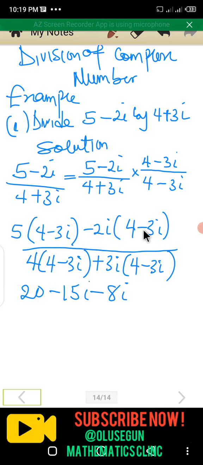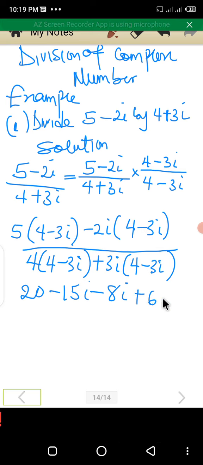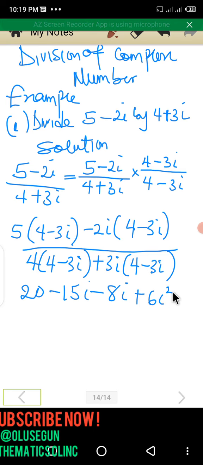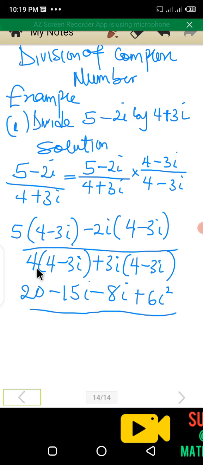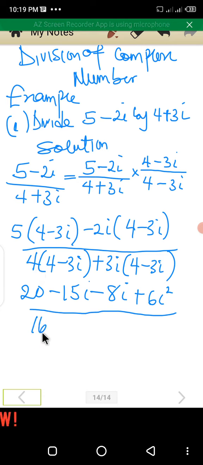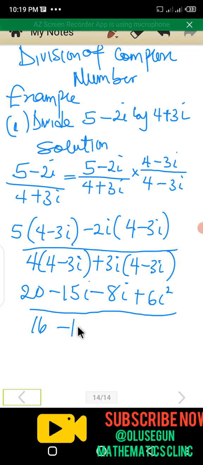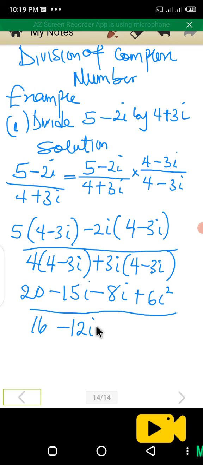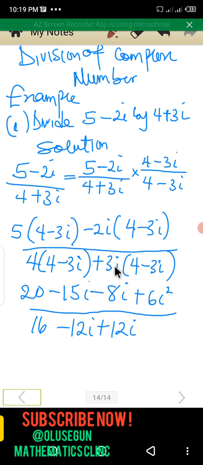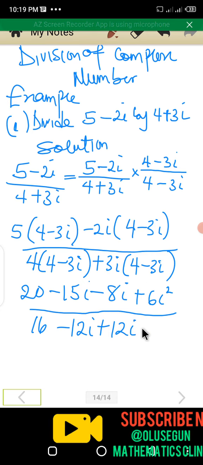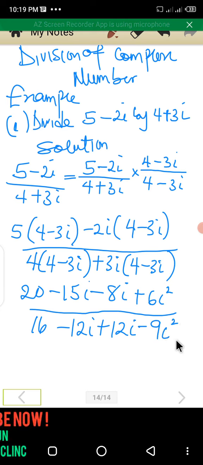This is minus times minus, so we have plus 6i squared, all over 4 times 4, making 16, minus 12i plus 12i. This is minus 9i squared.